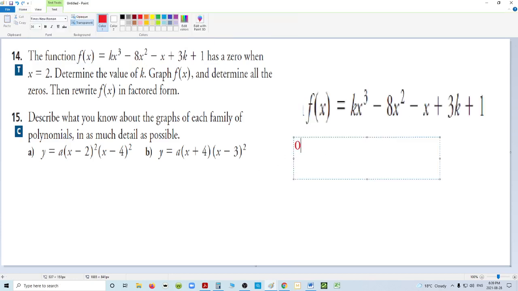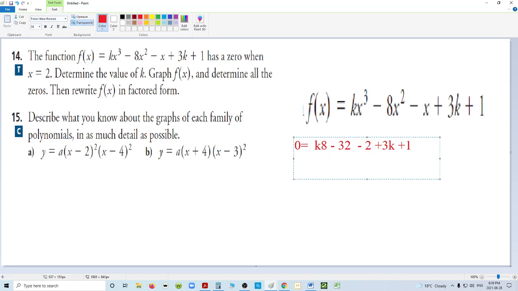So when y is 0, x is 2. What's 2 cubed? 8. What's 2 squared? 4. What's 4 times 8? 32. Minus 32, times minus 8, then I get minus 2 because it's plus 2. And then I get 3k, which tells me nothing, and plus 1. And remember, that's k times 8.